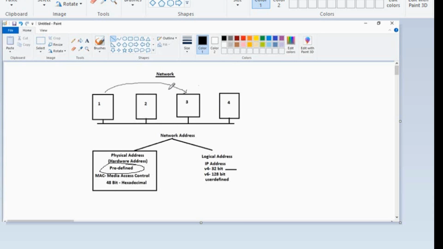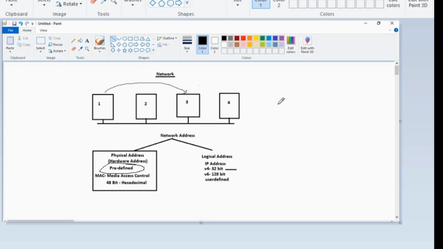Each computer has a network connection and connects with the others. How do they connect with each other? The main secret is the LAN card, the local area network card. Each LAN card has a unique MAC address. What is a unique MAC address?